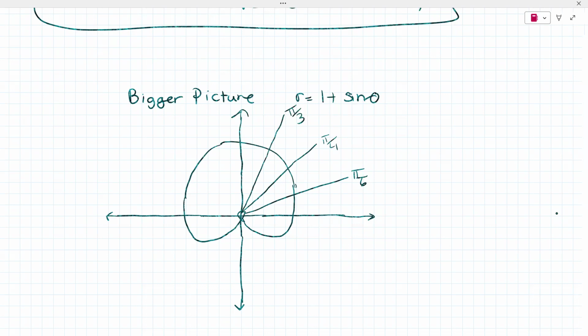Here's pi over 4, the tangent. Remember, a tangent only hits the graph once, so this would be the tangent. Right here is the slope of the tangent: m equals 2 plus radical 2 all over minus radical 2.